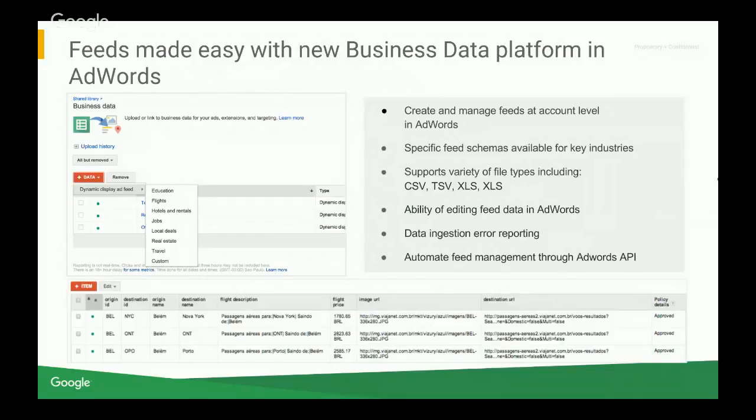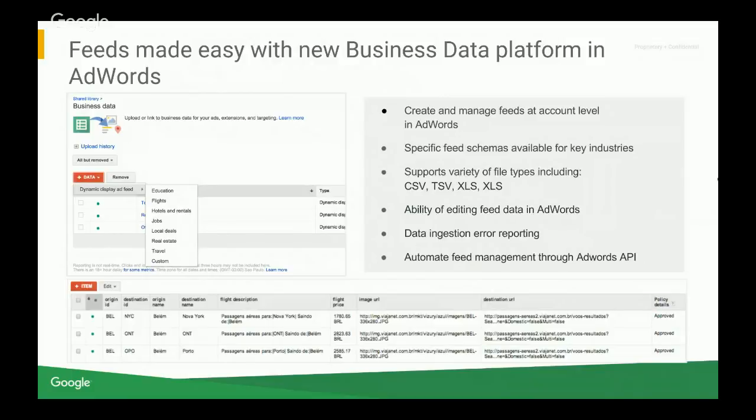Also, we support a variety of file types: CSV, TSV, XLS, and XLSX. I believe it's XLSX in this case, so the slide is most likely a typo. Sorry for this. Next, we go on to the ease of editing feed data in AdWords.